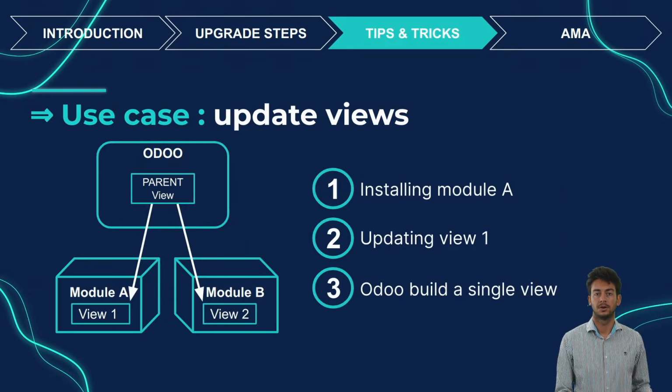So here is a case where you will need a migration script. You can have two different custom modules, both containing a view that is inheriting from a parent view in Odoo standard.